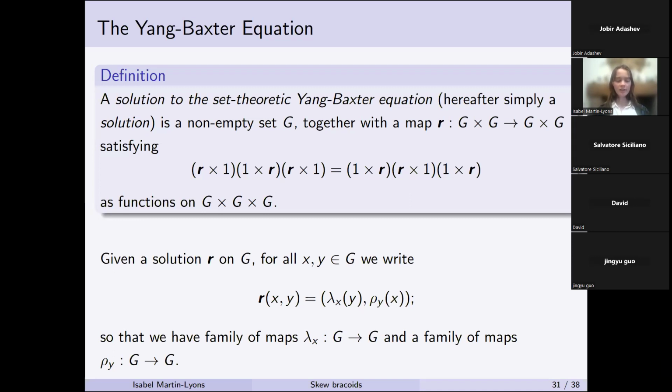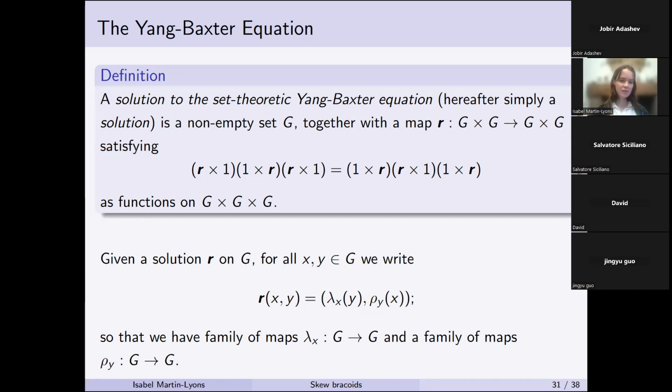So on the left-hand side, we apply R to the first two components and the identity to the third, then apply R to the second two components and identity to the first, and then apply R to the first two components and identity to the third, and similarly but mirrored on the right-hand side. And these should be equal as functions on G cross G cross G.